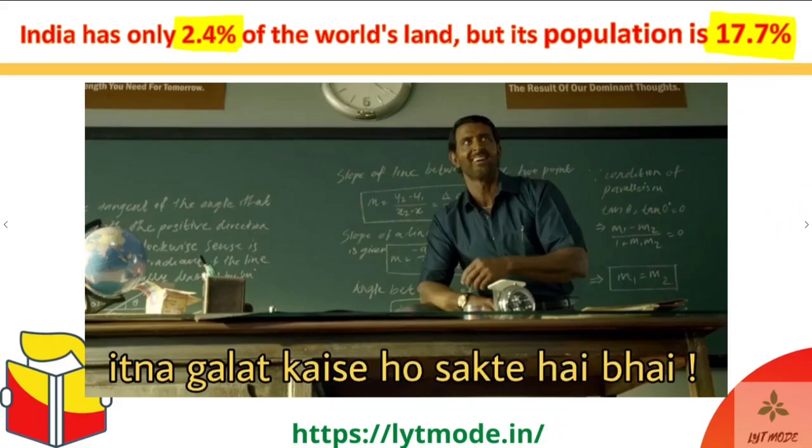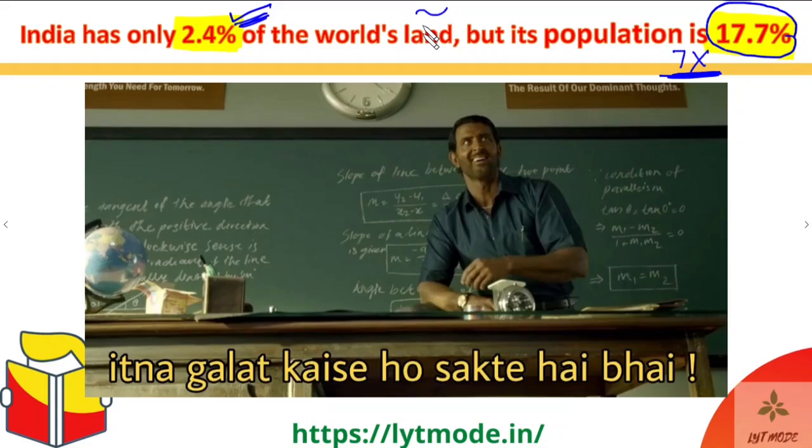And if you want to think about it in a very mathematical manner, you can clearly see that 2.4% of the land means that India has nearly 7 times higher population as compared to the world's average.